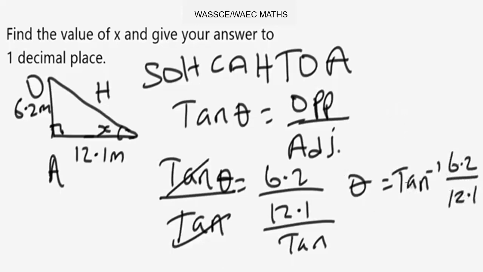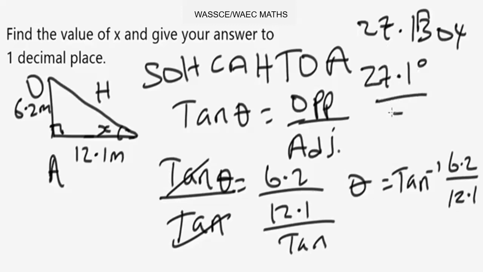Okay, so when you punch tan inverse of 6.2 over 12.1 on the calculator, you're going to have 27.1304. You keep having your calculator decimals. All right, since we are asked to leave it to one decimal place, this 3 is not up to 5, so we do not approximate it. So our answer will be 27.1 degrees. All right, so that will be the answer to this question.